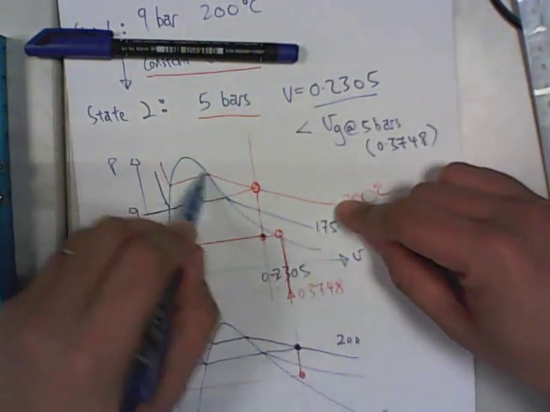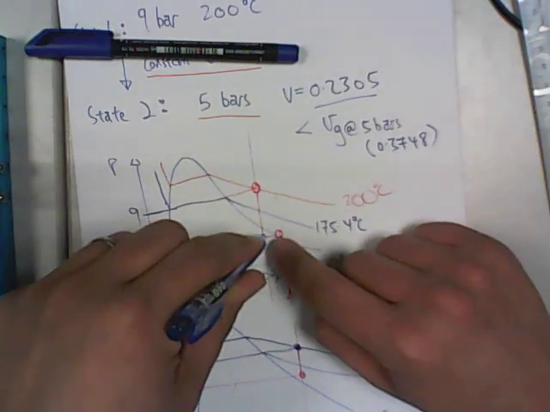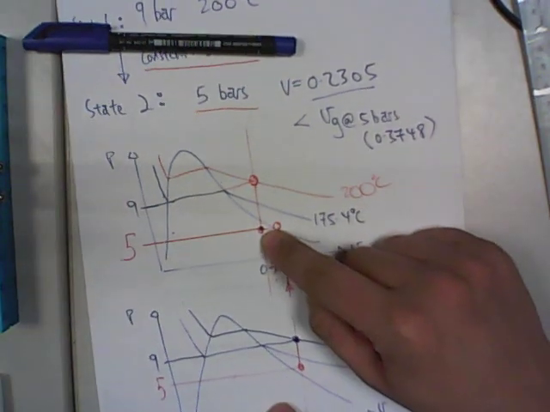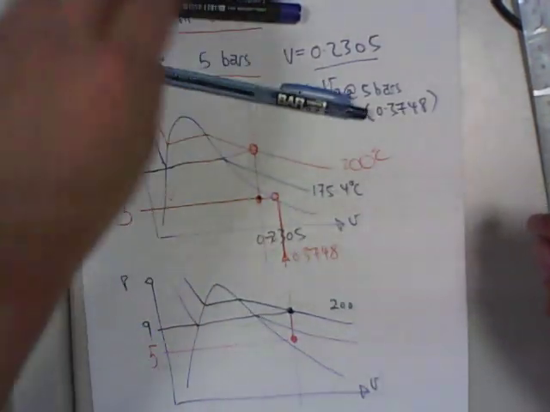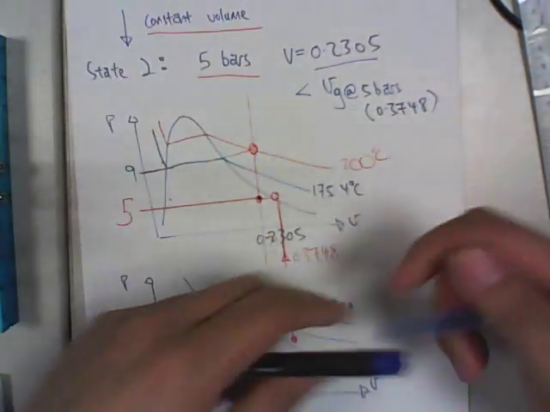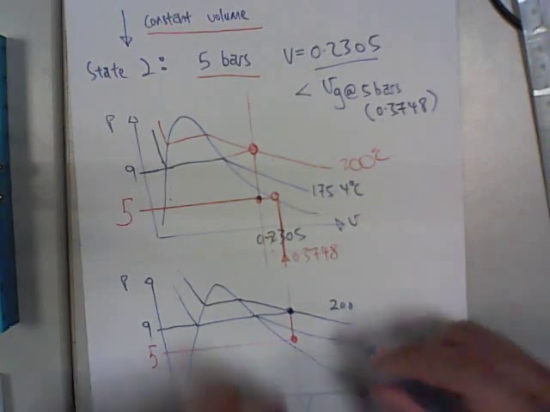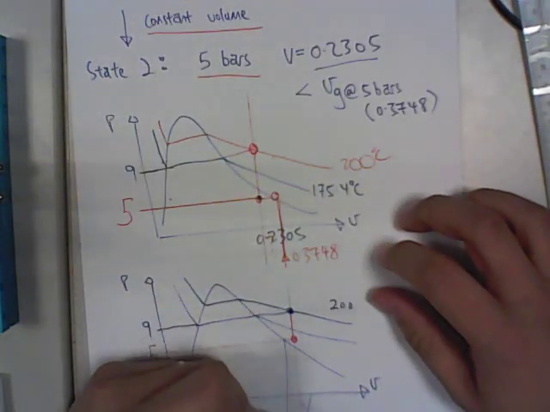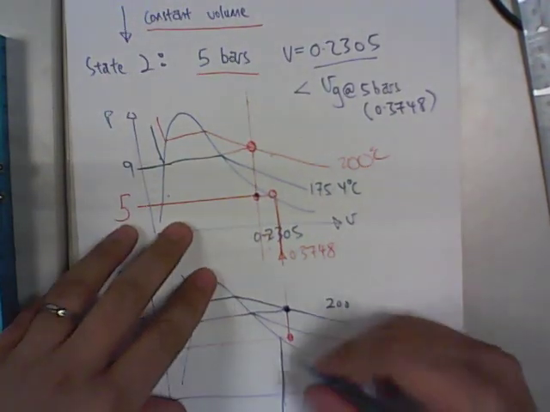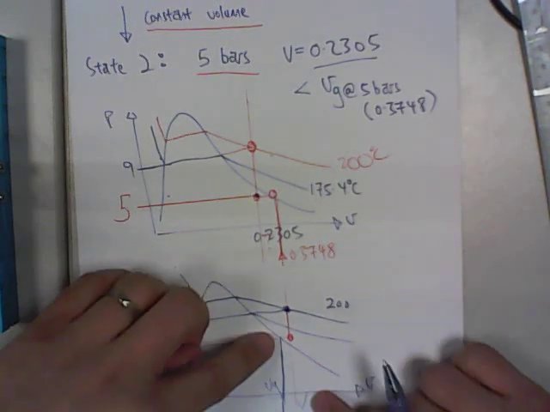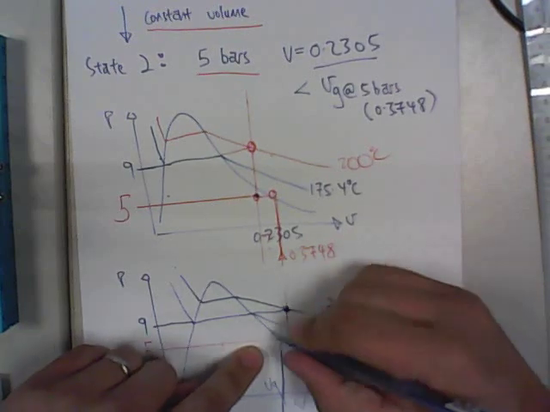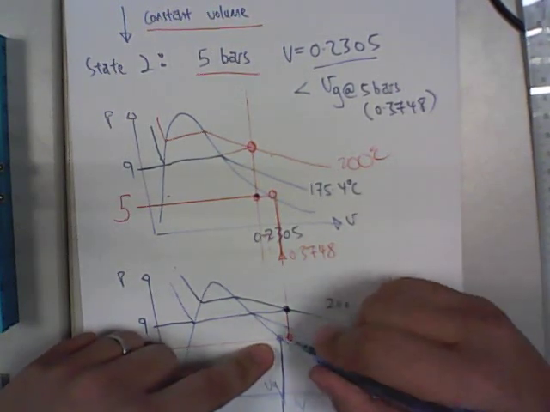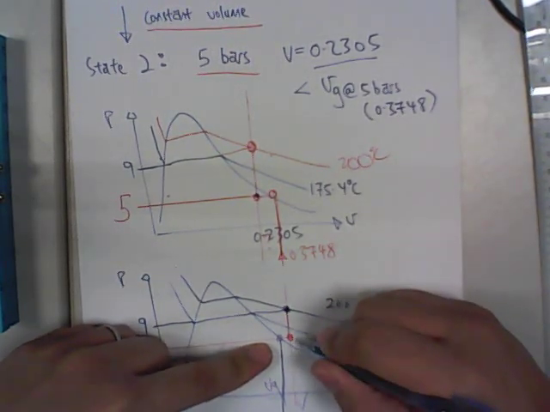As long as the g line volume is higher, it means your state is under the hill. If the case is such that your volume here is actually more than this Vg at 5 bar, then you will tell yourself that it is at the superheated state.